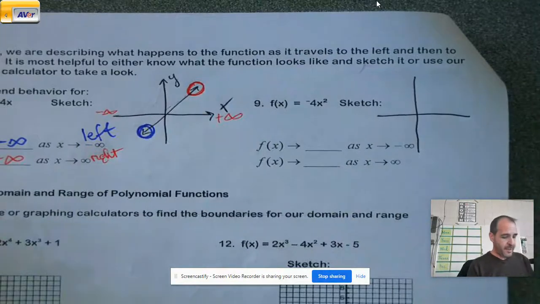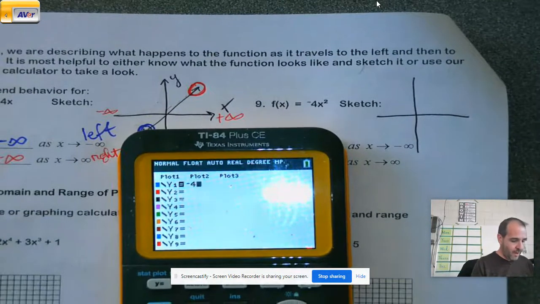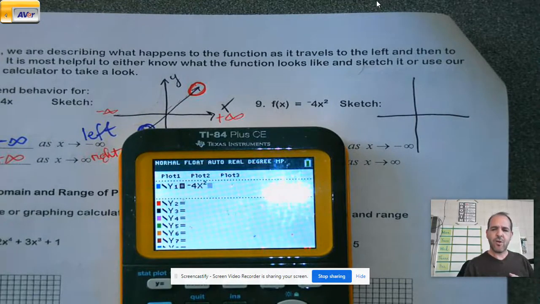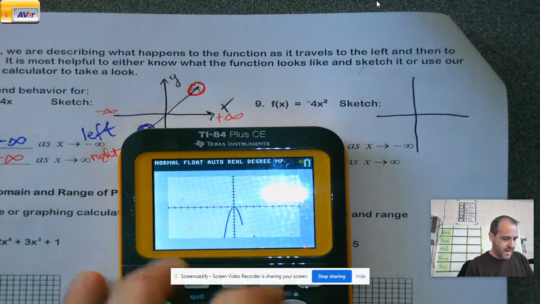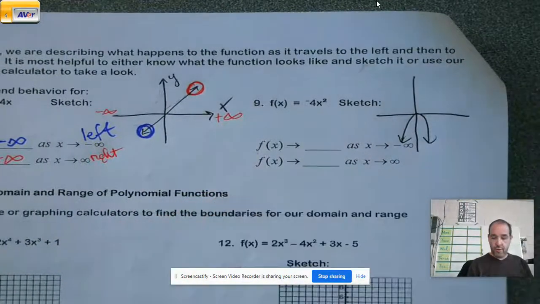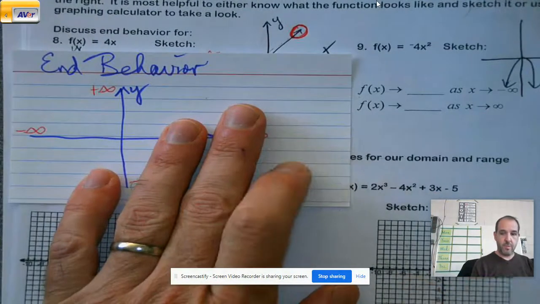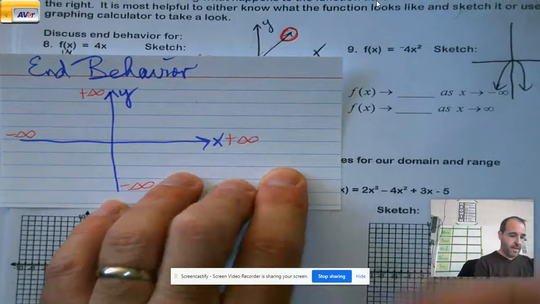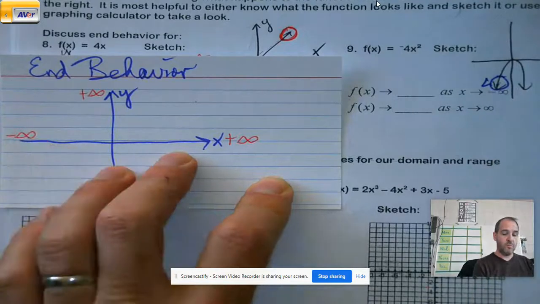All right. Let's pop this up on the calculator. Again, we should know. We're like, hey, wait a minute. It's a quadratic. Quadratics open up or down. Negative should be down. And that gets shown right there. There it is. You know the questions. Again, as x goes left, arrow, what direction is it going?